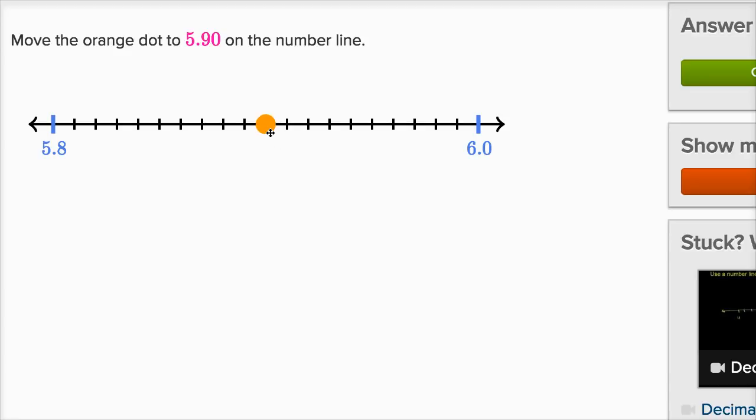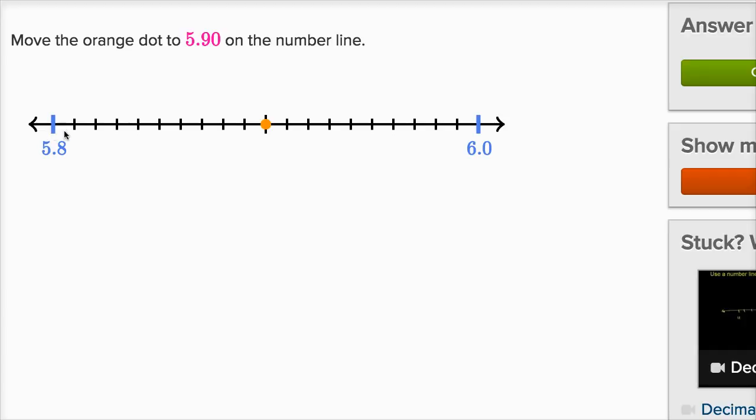Now, one interesting thing to think about is, what do each of these tick marks represent? If this is 5.8, and a tenth higher than 5.8 is 5.9 over here, and then a tenth higher than that is 6.0. So from here to here is a tenth, and then from here to here is another tenth.